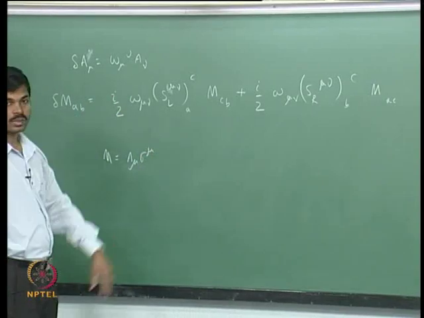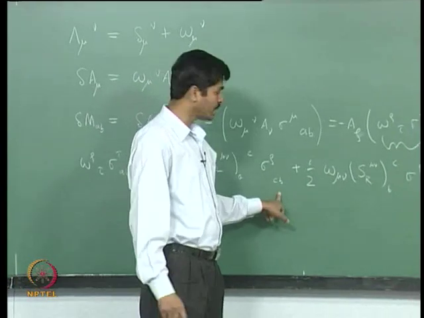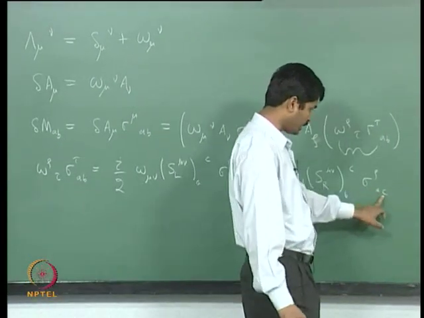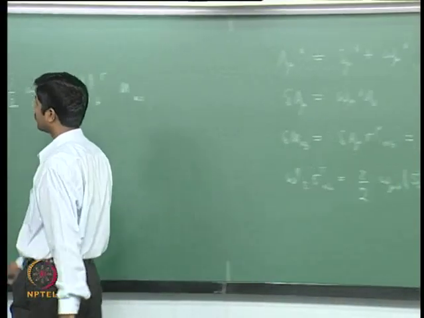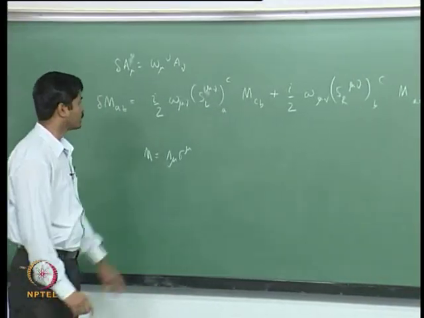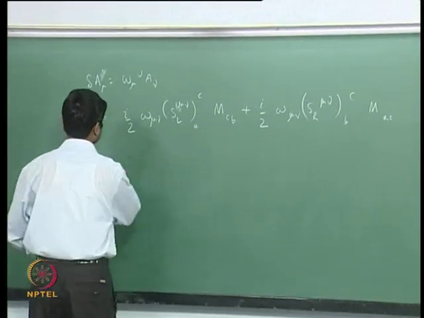So, A mu sigma CB is MCB here, and A mu sigma AC is MAC, the rest all are as it is. So, the finite form for this transformation will be the following.